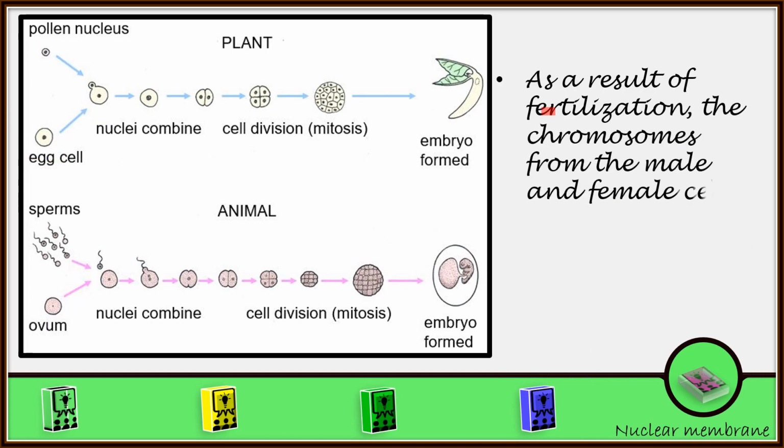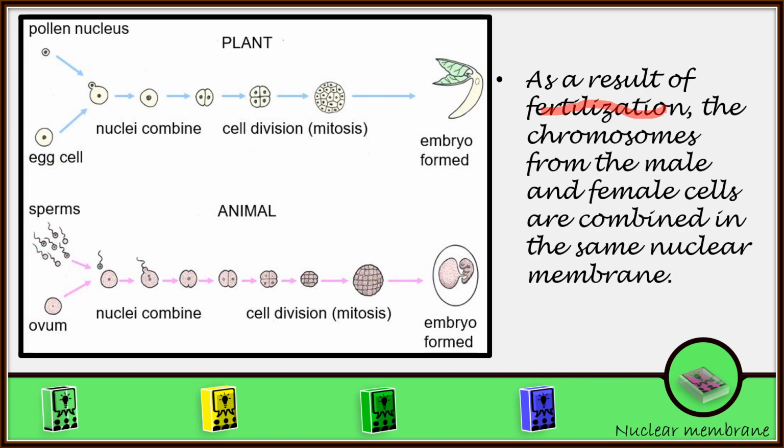As a result of fertilization, the chromosomes from the male and the female cells are combined in the same nuclear membrane. So when the male and the female combine, they form a zygote.